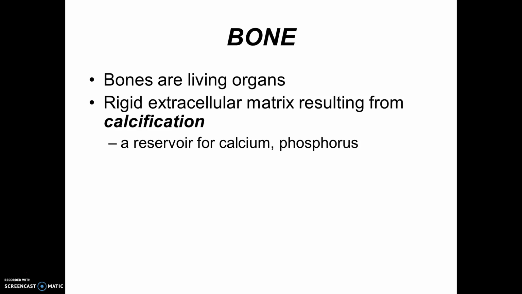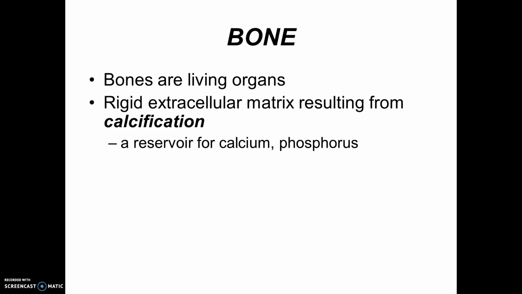Calcium is then accessible by blood as needed for things such as muscle contractions, blood clotting, and nerve impulse transmission. Phosphate also has a physiological purpose; it is needed for ATP synthesis, for example, as well as DNA synthesis, and of course there are other things we could list there.